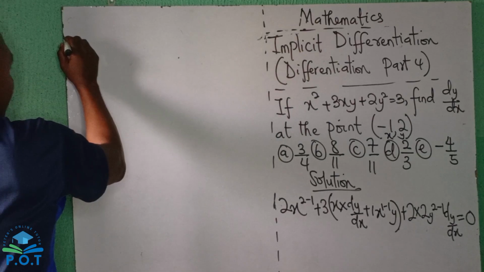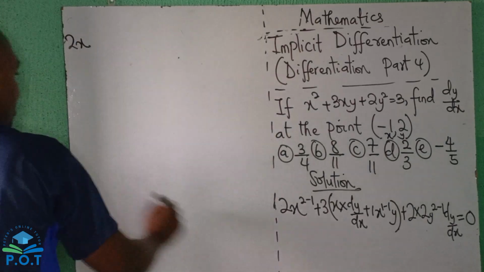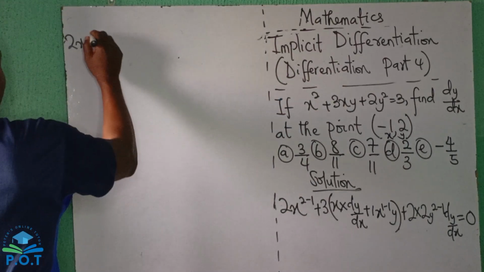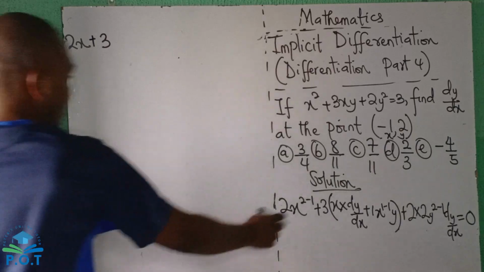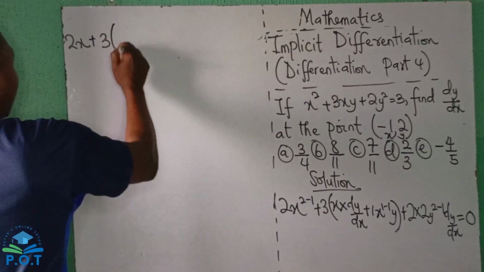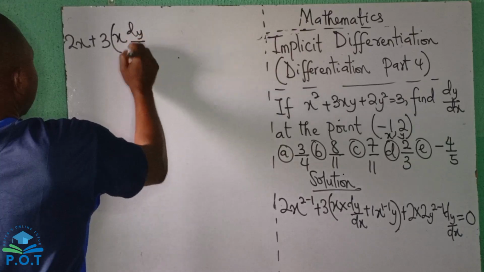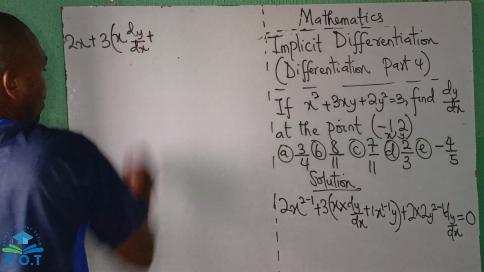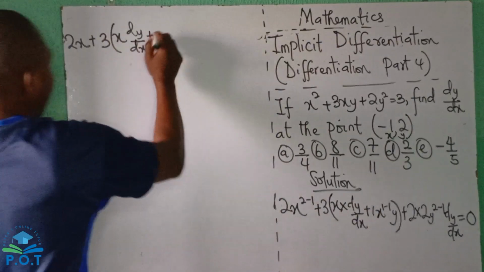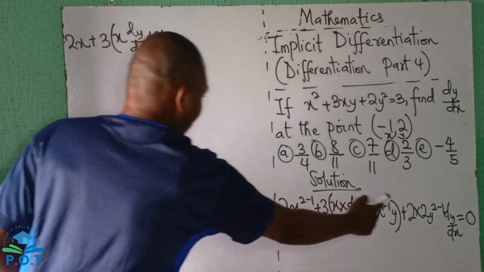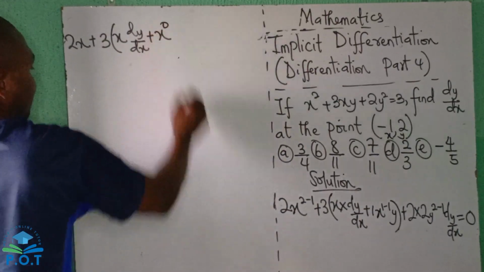Here is 2x, 2 minus 1 is 1, plus 3, brackets open, that is x dy/dx plus 1 times x is still x, 1 minus 1 is 0.